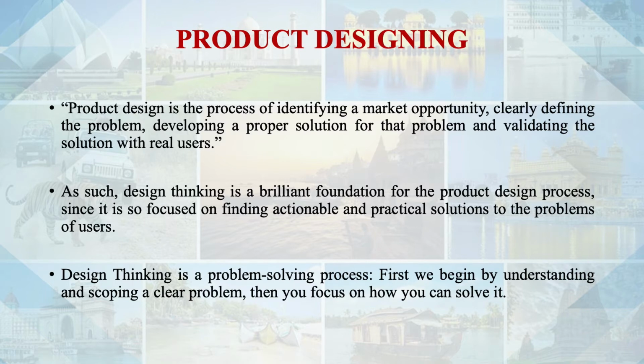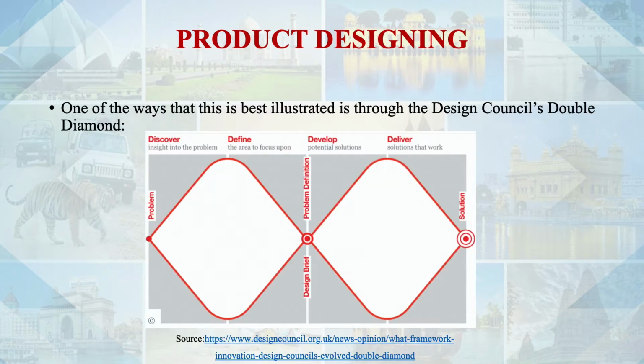Design thinking is a problem solving process. In this, first we begin by understanding and scoping a clear problem. Then we focus on how we can solve that particular problem. One of the ways that this is best illustrated is through the Design Council's double diamond figure.